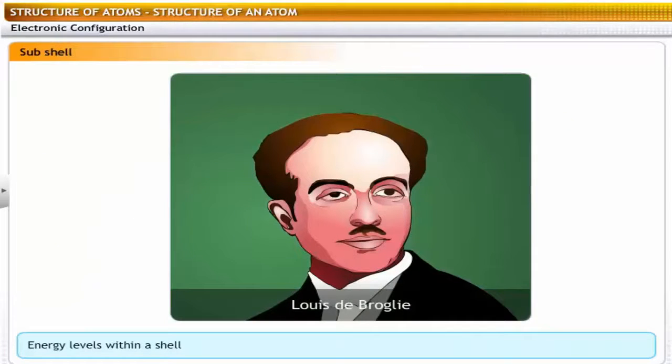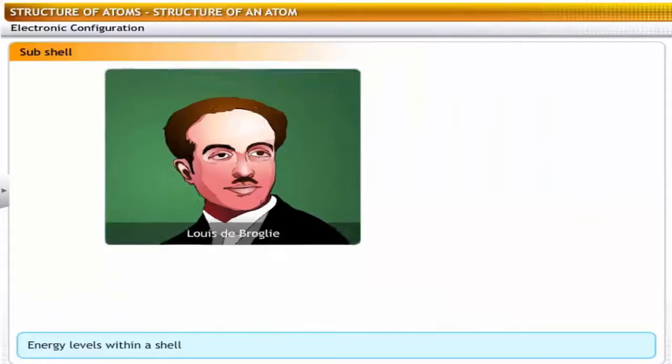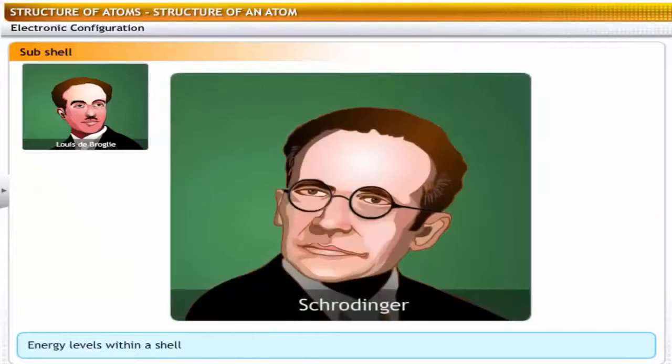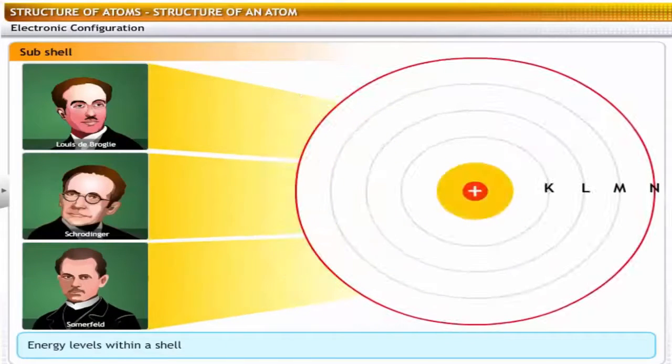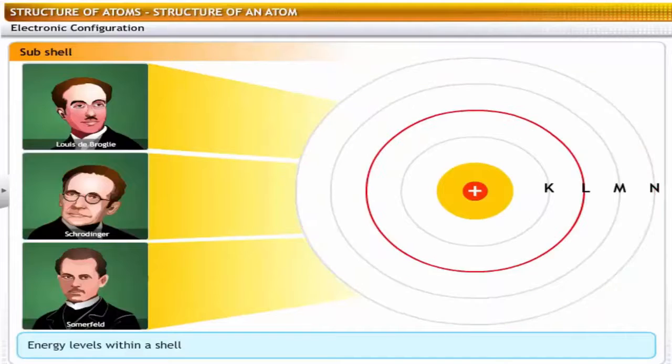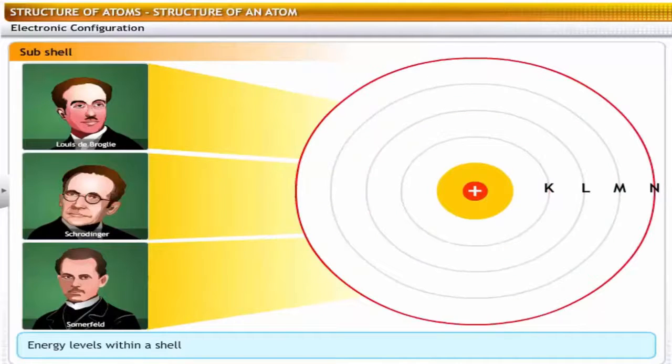After a series of experiments and a detailed study by scientists like Louis de Broglie, Schrödinger, Sommerfeld, etc., it was proved that shells have energy levels within them, called subshells. These subshells are S, P, D, and F. Electrons are distributed in these subshells.